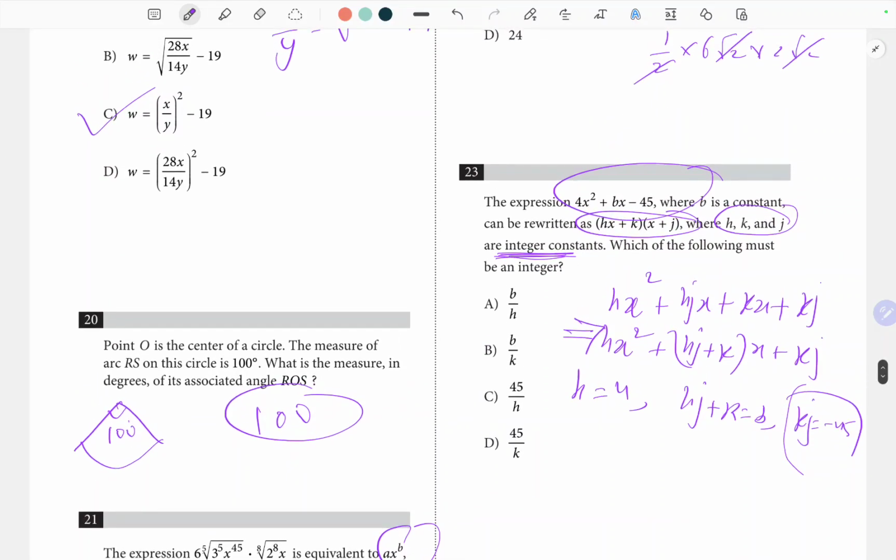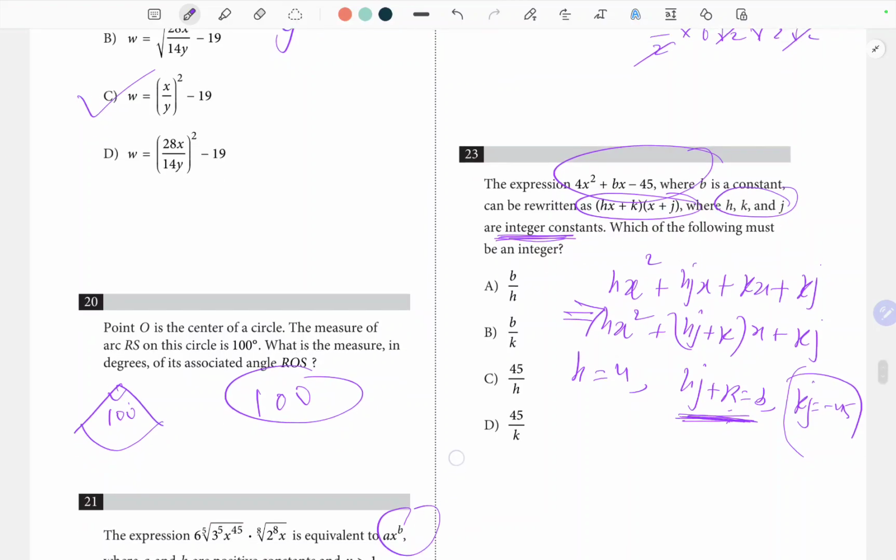So k j is minus 45. Okay, b over h we cannot directly find. b over k also we cannot find. 45 over h, so 45 over 4, but it's not an integer, right? Which of the following must be an integer?